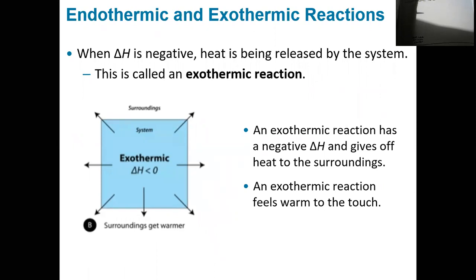Exothermic reactions give off heat. Your surroundings get warmer. If you were holding an exothermic reaction in your hand, like those chemical hand warmers we were talking about in the last lecture presentation, you would feel the heat coming off of that reaction because the reaction is exothermic.